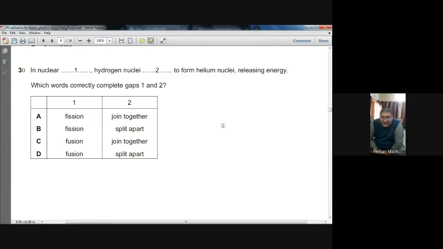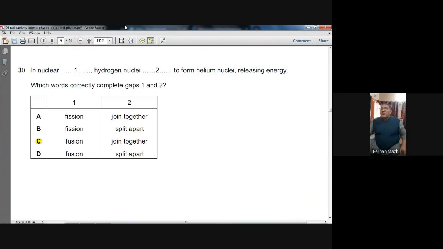In nuclear fusion, hydrogen nuclei join together to form a helium nuclei. This is happening on the sun. This is fusion. So what is the choice? C. C is the right choice.